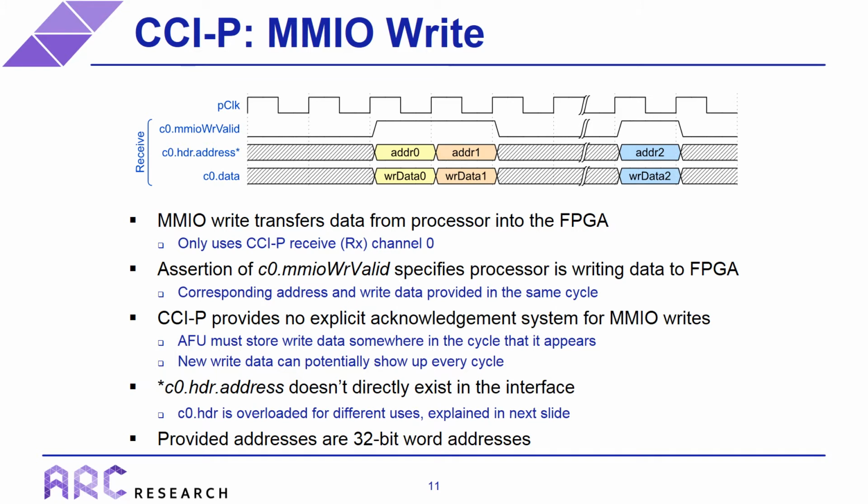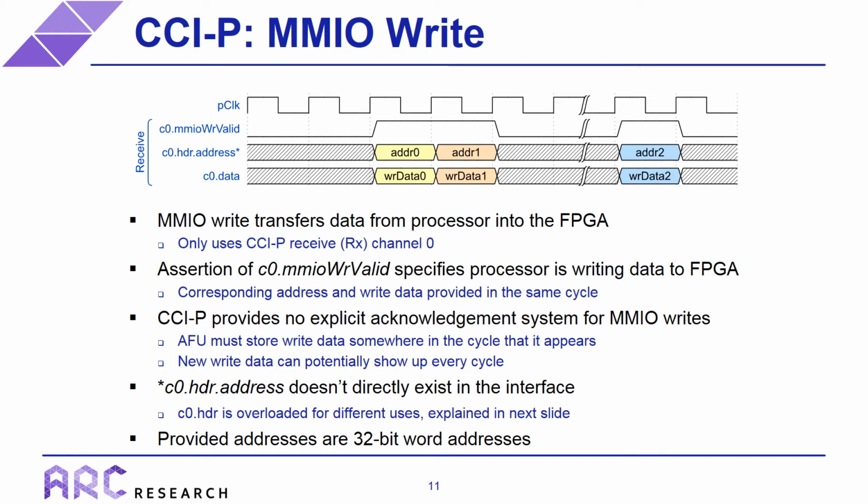The first signal we have to look at is the channel 0 MMIO write valid signal. CCI-P asserts this signal to specify that the processor is writing data into the FPGA, or into the AFU. When that signal becomes 1, it's active high, and whatever the address and write data happen to be at that point in time is what the processor is trying to write into the FPGA.